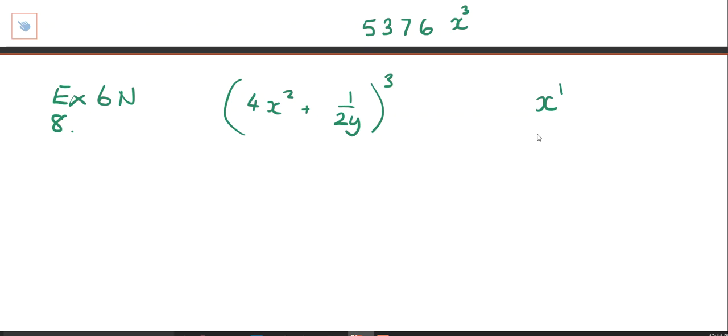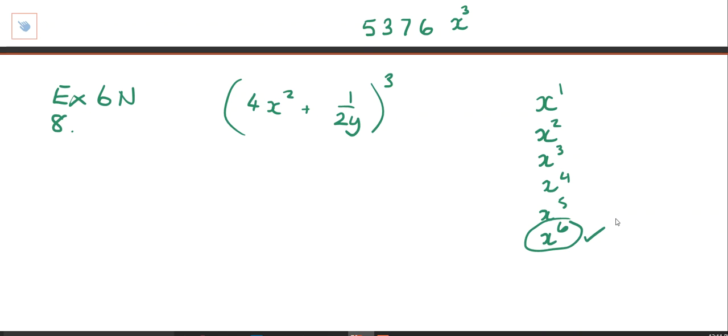Could I ask you for x to the power of 2, 3, 4? What's the maximum? Which ones could I ask and which ones can I not ask because they don't exist? Past x to the power of 6. Yeah, x squared to the power of 3 would be x to the power of 6, so that one I could ask you for.